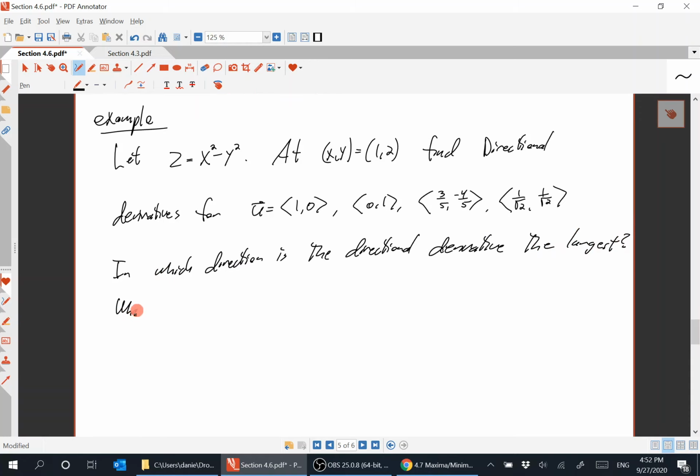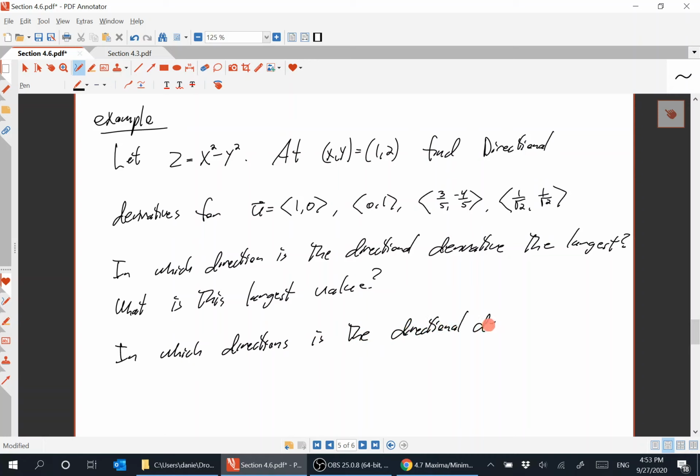What is this largest value? And in what direction is it 0? Okay?